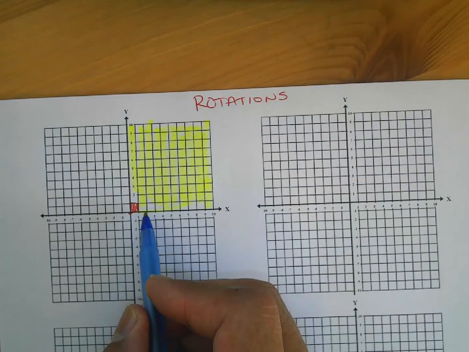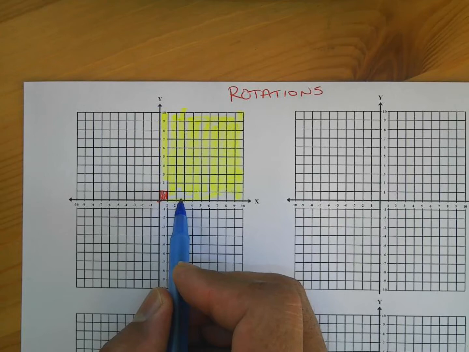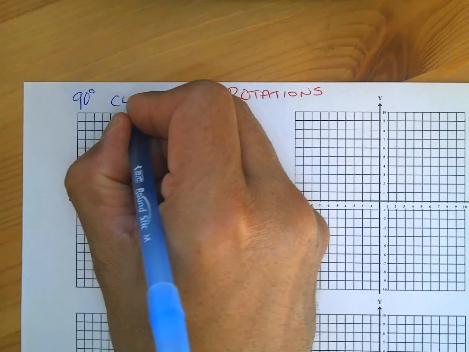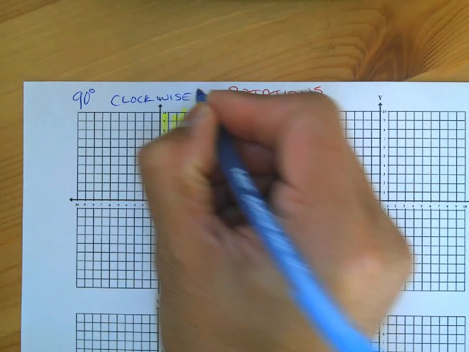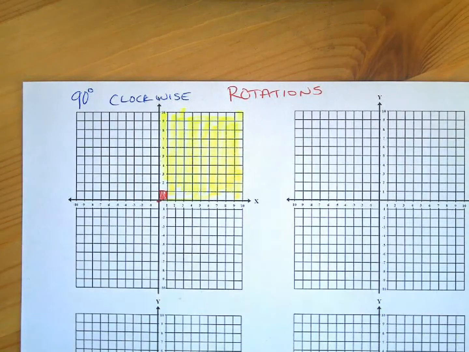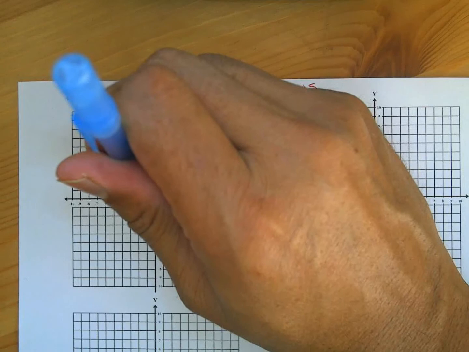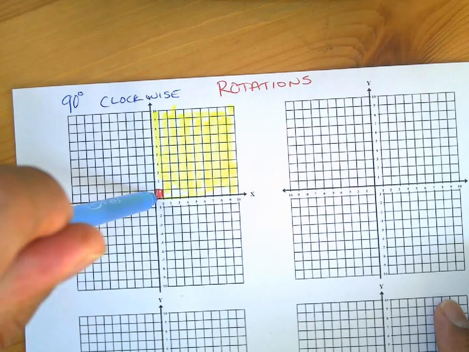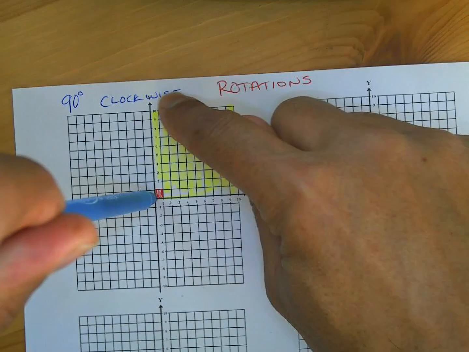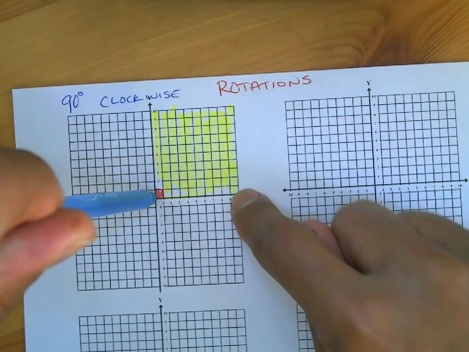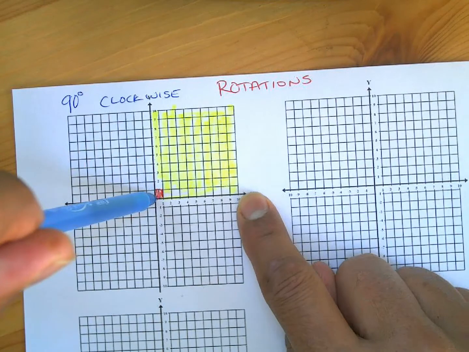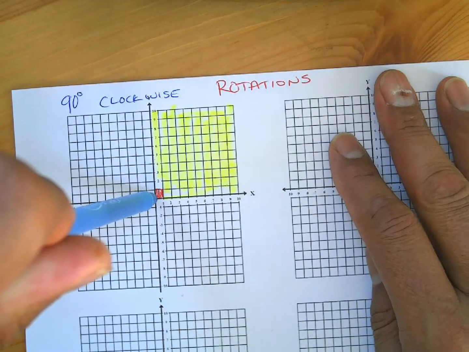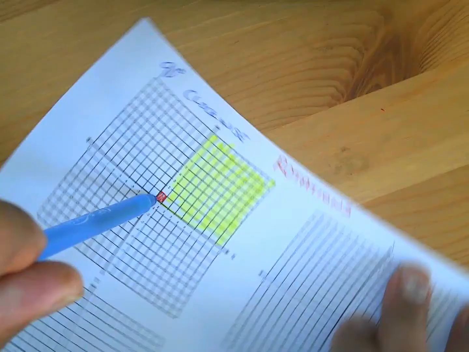And if I'm rotating this 90 degrees clockwise, that means that I would put like my needle or my pen or my pencil or something here. And I want you to look at where the X is and where the Y is. You can't see the Y, but see, this is the X and the Y. And then now when I rotate it clockwise, 90 degrees is only a quarter turn.